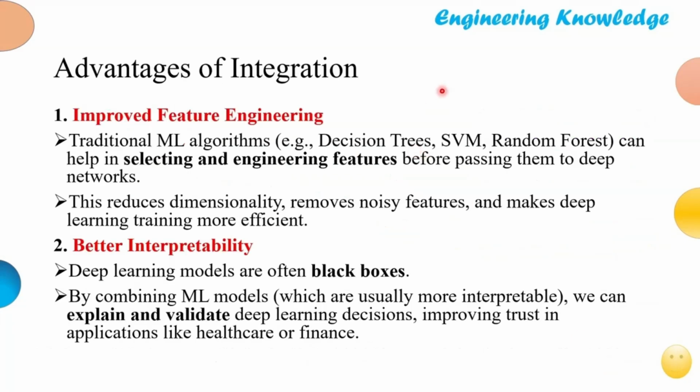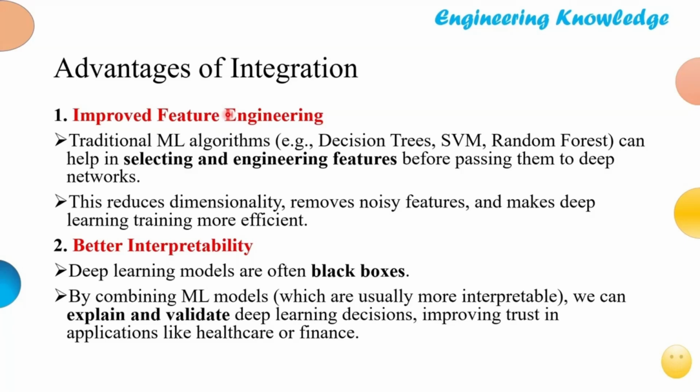But now this video lecture is about integrating machine learning. So what are the advantages when I integrate a machine learning model into this deep learning model? Traditional machine learning algorithms like decision trees, support vector machines, and random forests are basically good for feature engineering. So if you have a lot of data that has a lot of features, before applying it to the deep learning model, you want to extract the features.